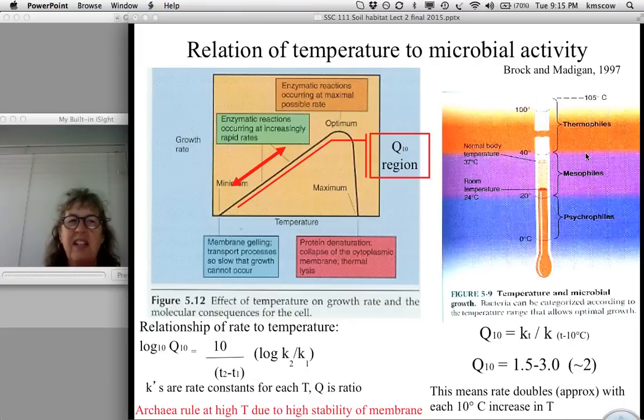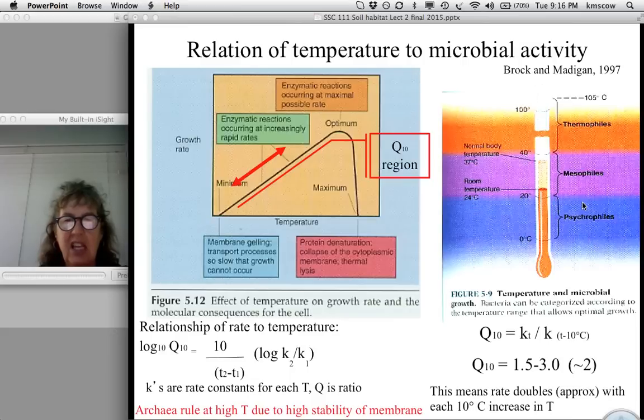We humans like to give things names, so this is thermophiles, mesophiles, and psychrophiles, which are names for organisms that live perhaps obligately at higher temperatures, medium temperatures, and lower temperatures. And you can have organisms that can function up to 100 degrees and even higher centigrade. So there are organisms that can tolerate really tremendous heat, and some of those would probably be archaea.